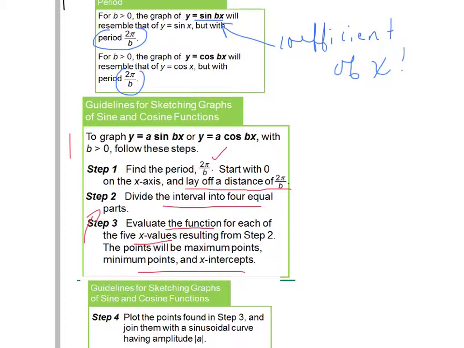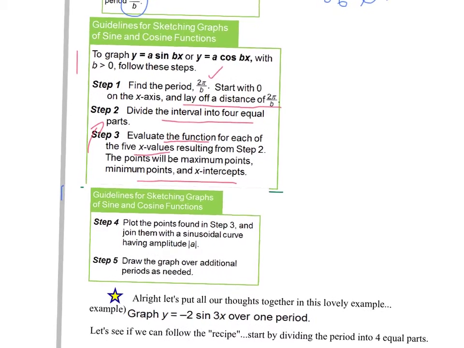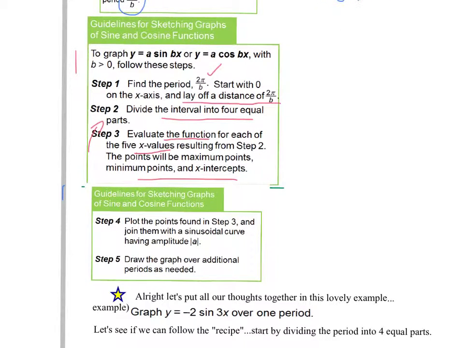Plot the points and connect with your wave-like function. Plot the points found and join them with a sinusoidal curve having amplitude absolute value a, and then draw additional periods if needed. Sometimes they tell you to draw it over 2 periods or 3 periods, something like that.